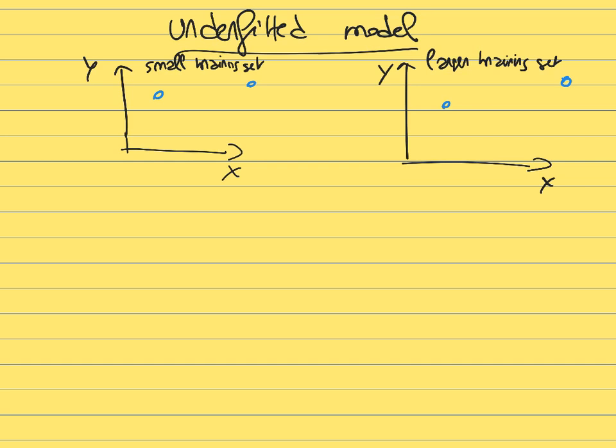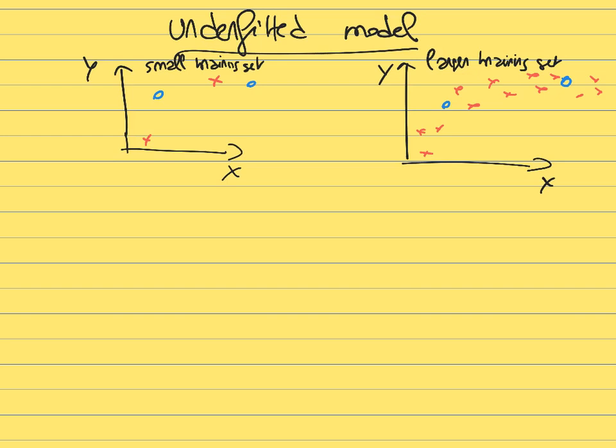Initially, your training set is just going to be very small. You only expose a small fraction of the training set to the model, and then you expose more data to your model.